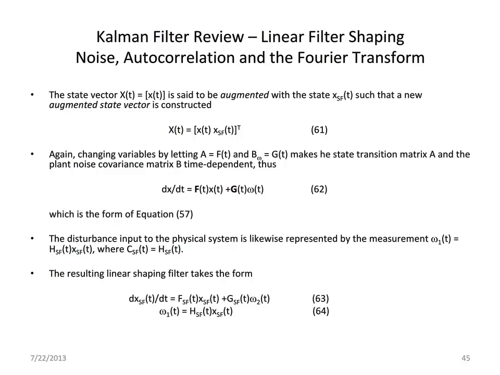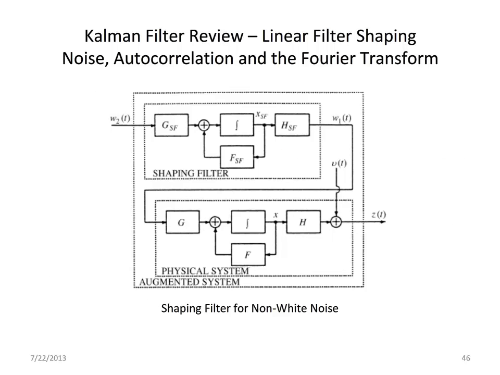Suppose that omega with the argument of time is represented as a non-white correlated Gaussian noise, while mu at that same time can be represented as a zero mean white Gaussian noise. You can then model the unknown random input, or the plant noise, by something called a linear shaping filter, which has the form in 52 and 53.